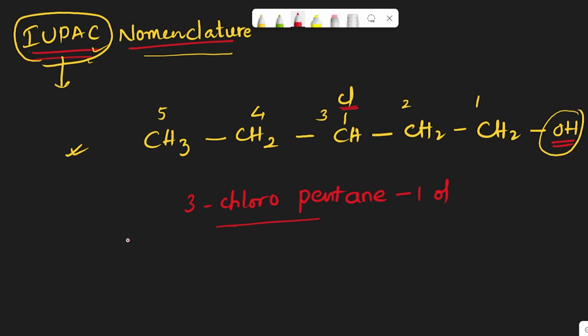So what is 3-chloropentan-1-ol? How did you write this name? There are some rules, so let me explain the rules one by one. To write the IUPAC name, first, every compound should contain one root word.